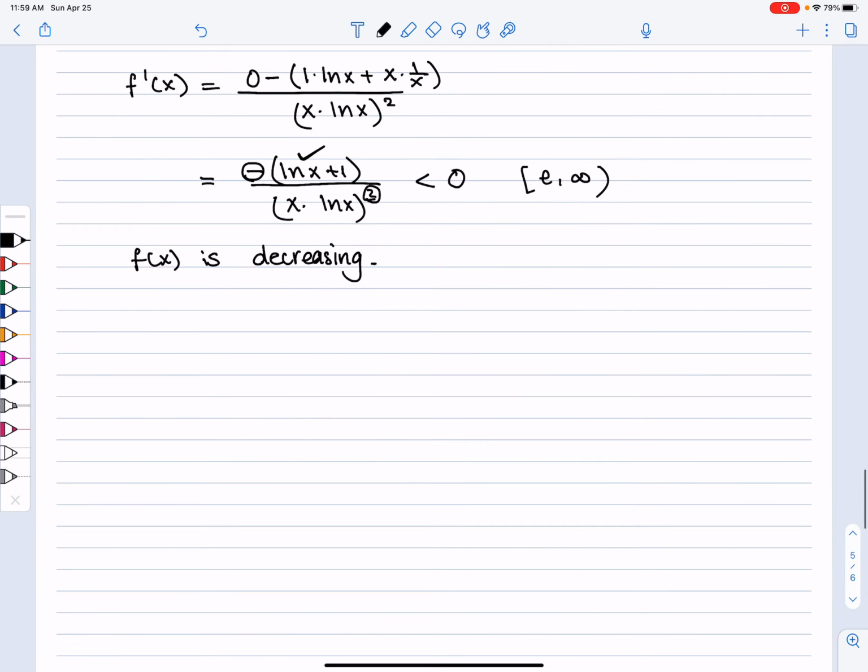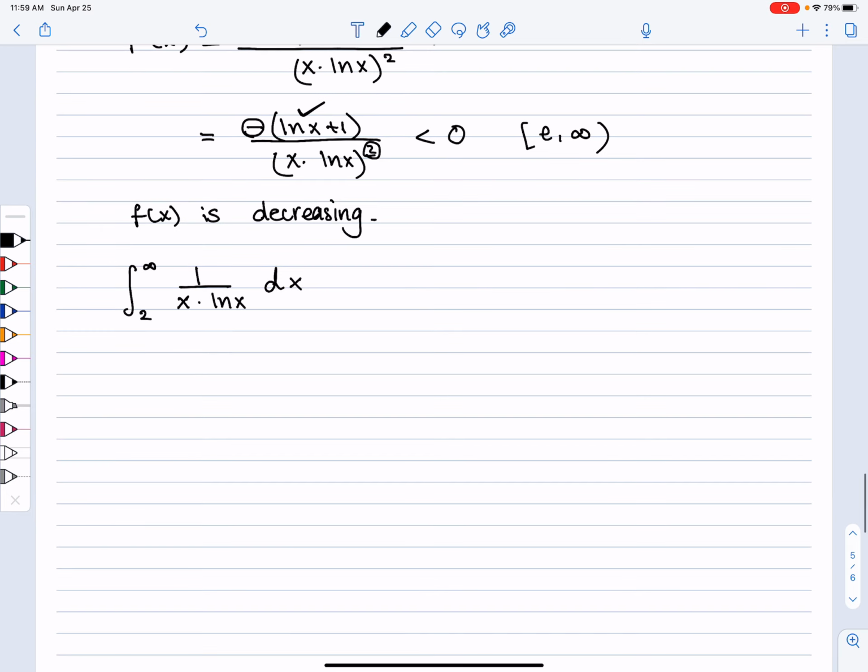And because the 3 conditions are met, we are going to look at the integral from 2 to infinity of 1 over x times ln of x dx. We have an improper integral, so we're going to have to take the limit. But before we do that, why don't we start by trying to solve this integral using substitution. We're going to let u be equal to ln of x, and du is equal to 1 over x dx.